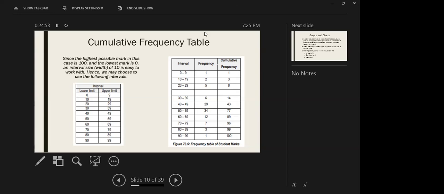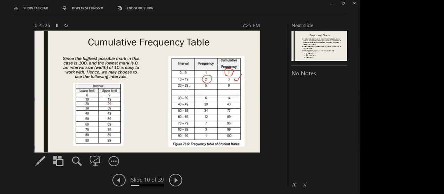So now let me try to explain how you come up with cumulative frequency given frequency only. For the first cumulative frequency, you just write the first frequency as it is, which is 1 and 1. But going forward, the cumulative frequency for the second class is the frequency of that class plus the cumulative frequency of the previous class, which is 2 plus 1, and you get 3.